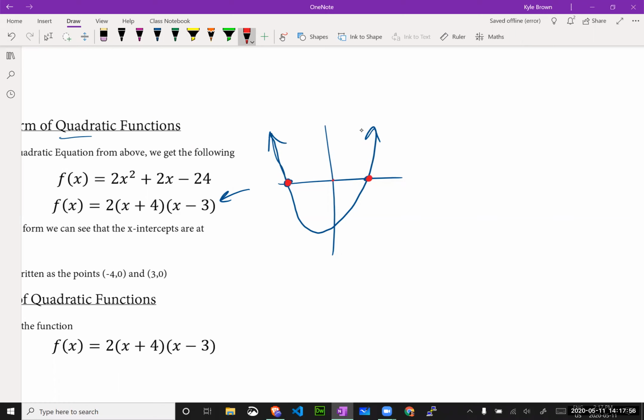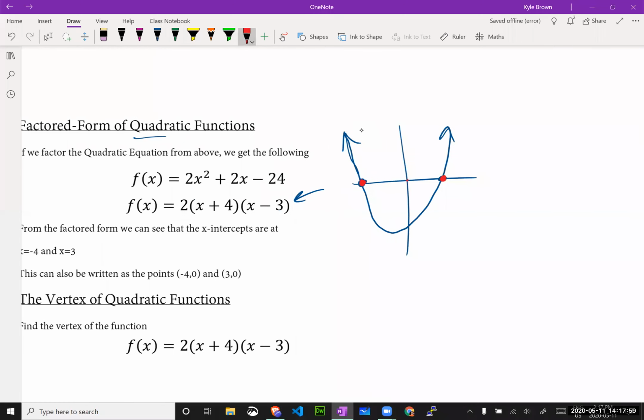So what we can see is if I write this out a little bit more, instead of f of x, I'm going to say f of x or y, same thing. I'm going to say, okay, when that's 0, then 2(x + 4)(x - 3). So maybe this looks a little familiar from what you were doing before. I'm looking for what numbers x would have to be in order to make this equal to 0, right?